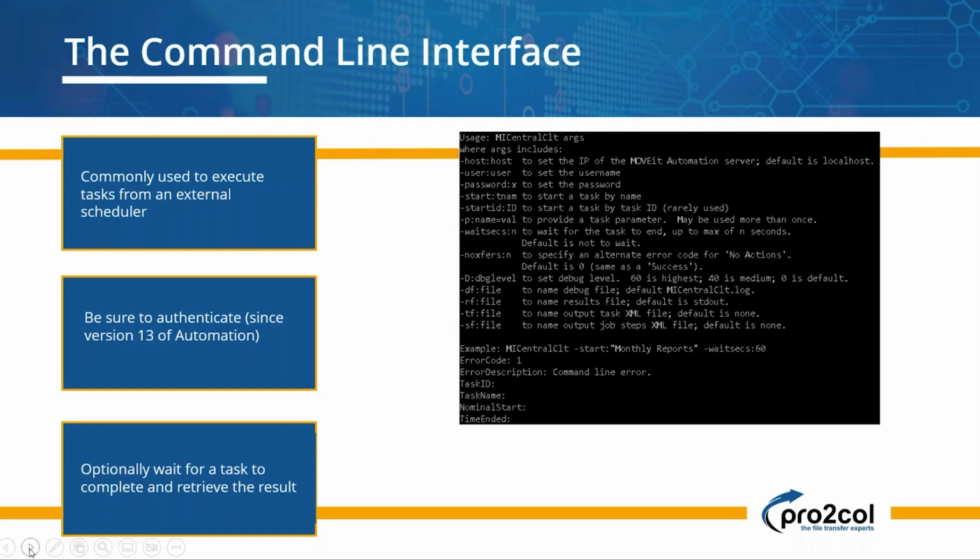You can see some of the parameters that I've listed up there by just passing the command on its own. It gives you a nice little breakdown of what you need to be passing it and what you'll see coming back. Now you do have options in there to wait for the task to complete. So if you're launching a task, you can wait for it to complete and then pull back the result.